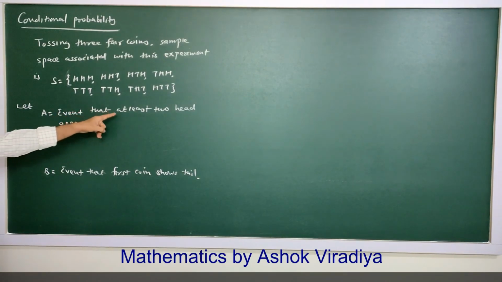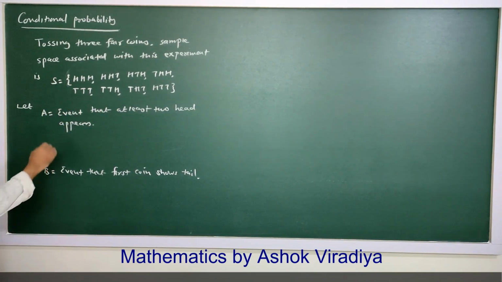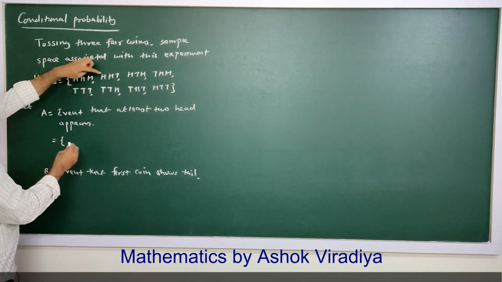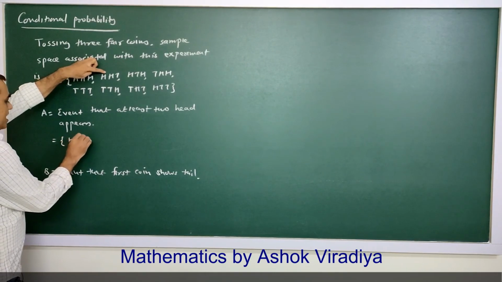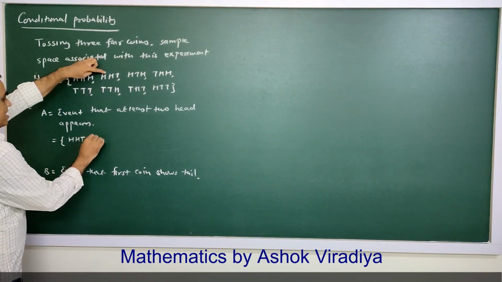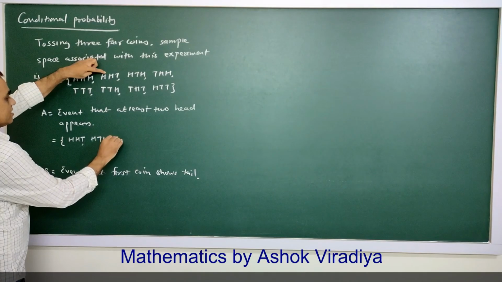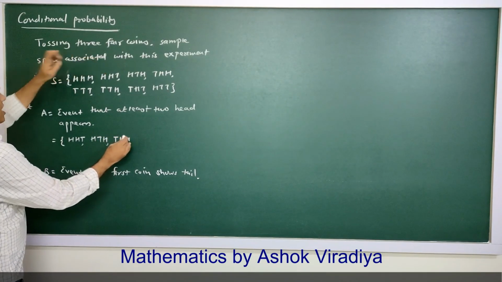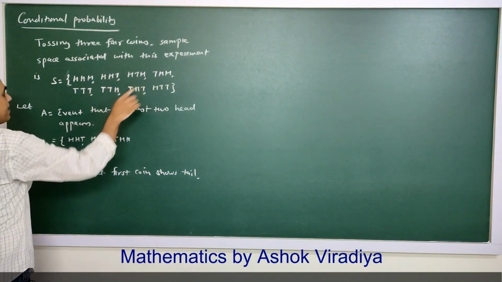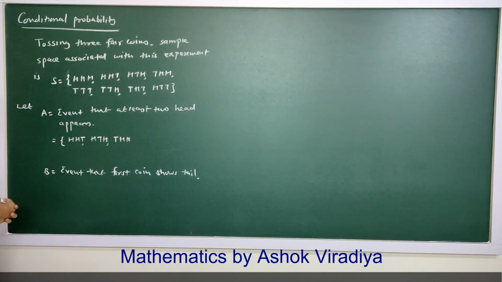A is the event that at least 2 heads appear, so I am putting elements in event A. 2 heads appear, that means HHT, HTH, THH. In these 3 elements there are 2 heads in each entry.